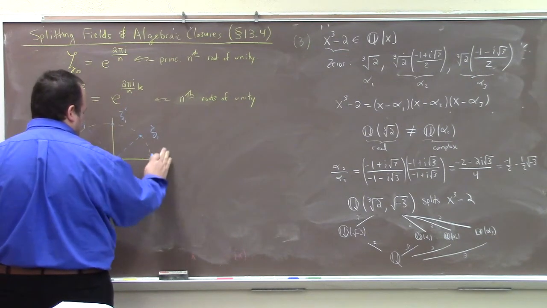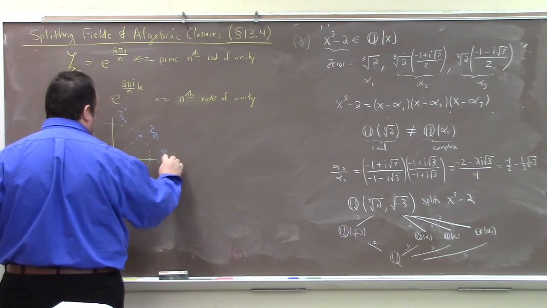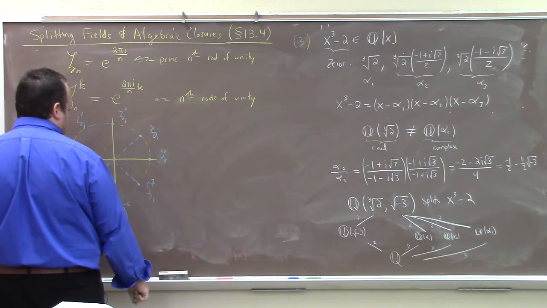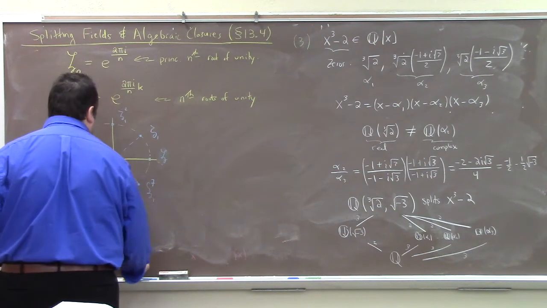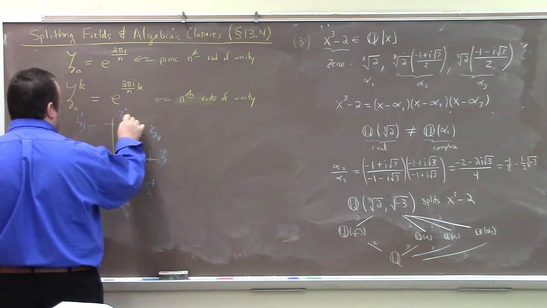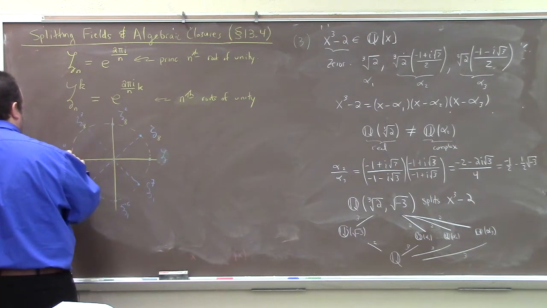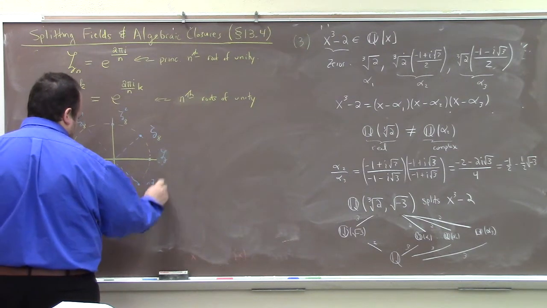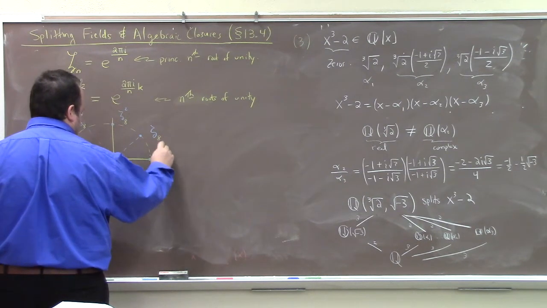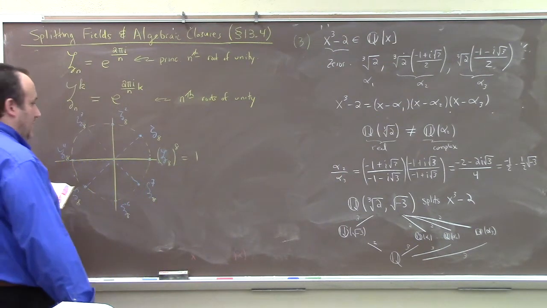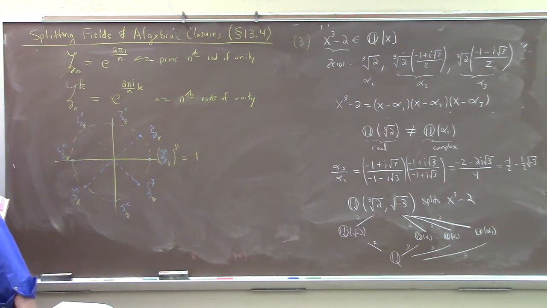It's getting worse with every zeta. Now I regret drawing 1. What should I have been writing? 8. The 8th power of zeta 8 is just 1 again. So these are the principal 8th roots of unity.